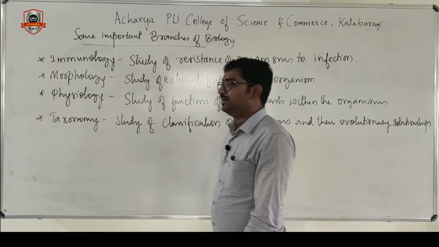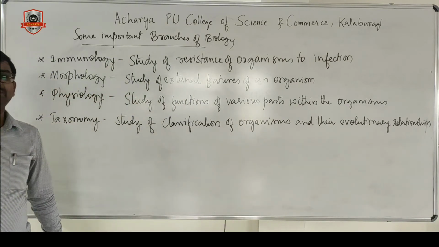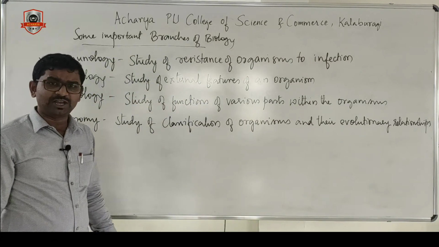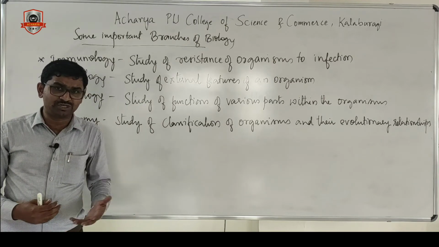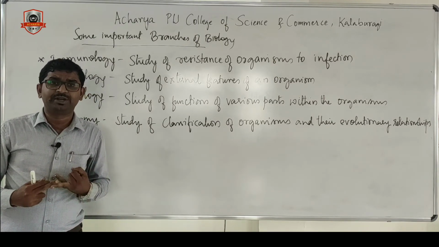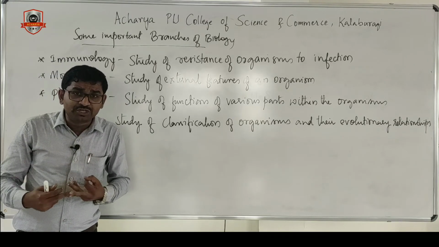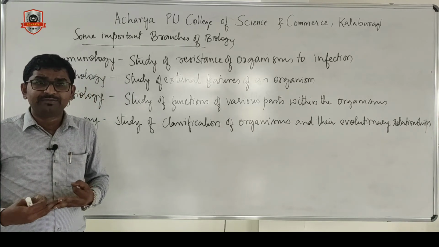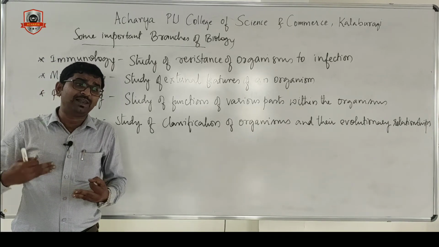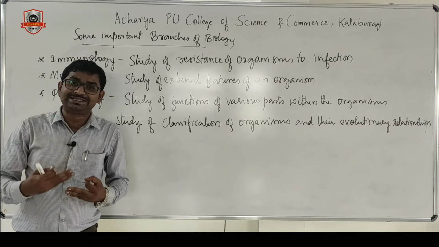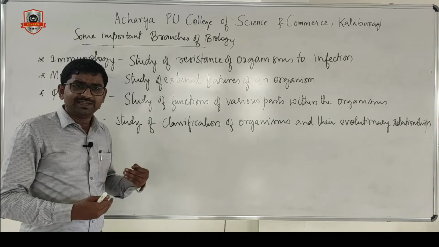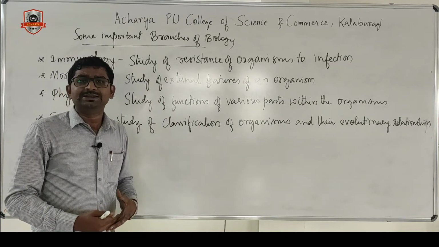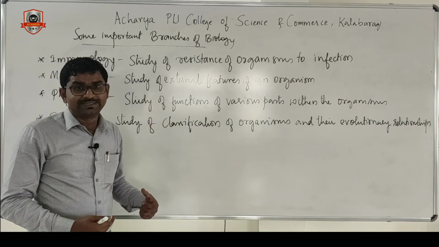Then moving on to what is meant by physiology. Physiology, right? Examples like digestion, respiration, excretion. These are all normal processes that take place in the living organism, exhibited by an organ system.